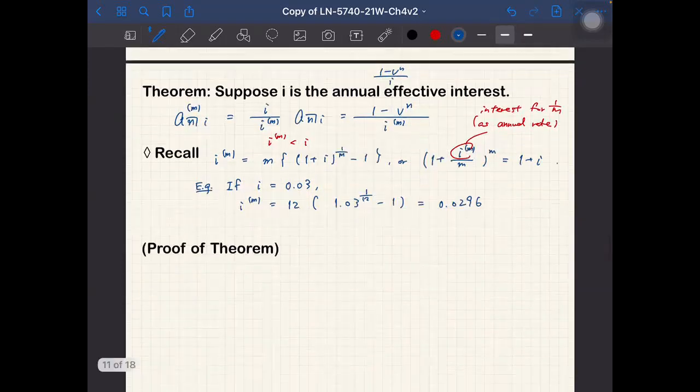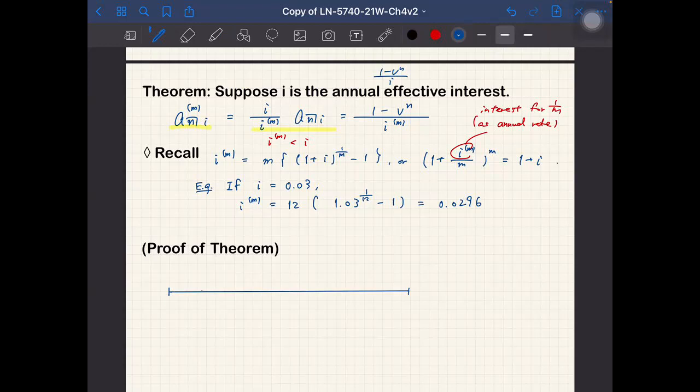Okay, so we finished the review, and now we want to prove this formula. So a angle n superscript m is equal to this quantity. We think about the time diagram again, and we use a similar idea as some previous examples in this section.